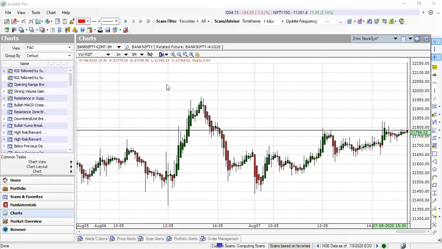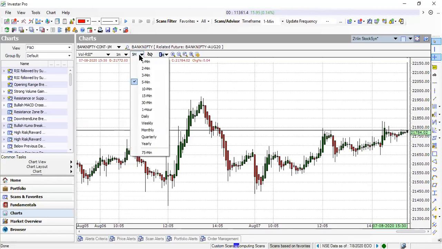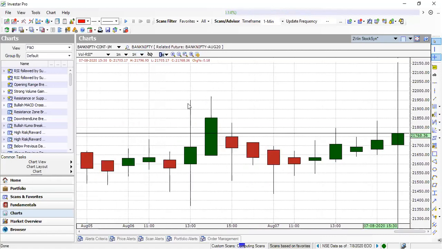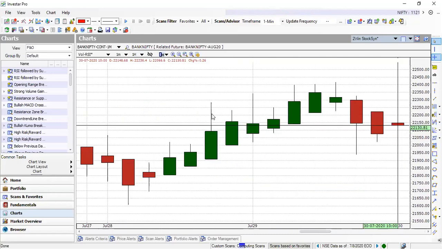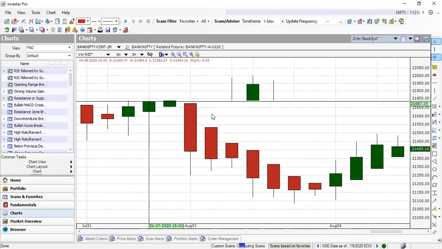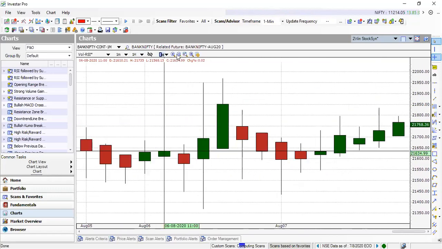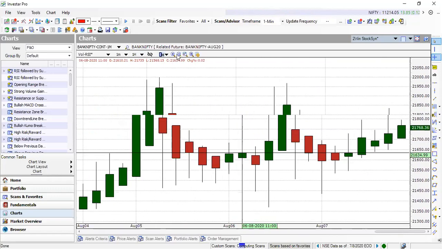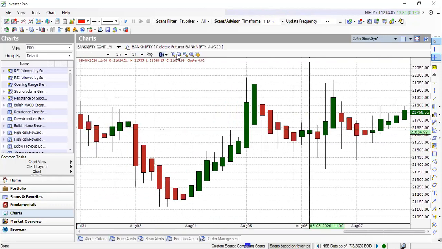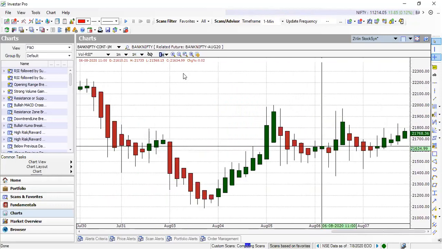Now I have taken the chart of Bank Nifty here, and as per the trend line, we will check how to use it.